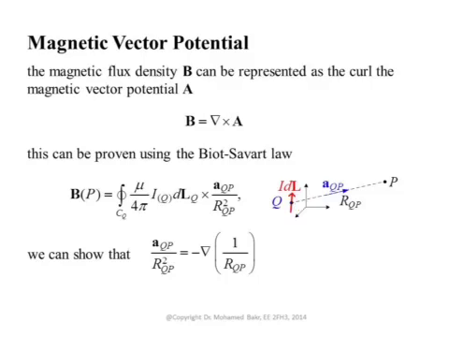I will show you that this term is nothing but minus the gradient of 1 over r QB.